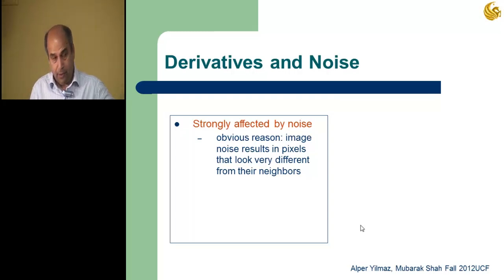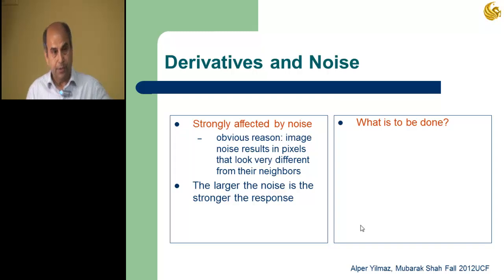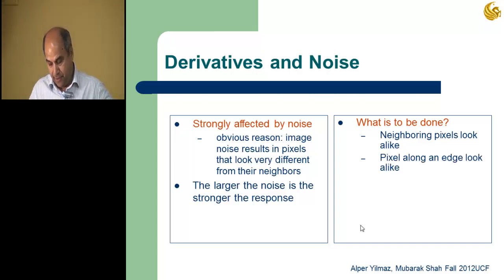Pixels that look different from their neighbors, if you have more noise, will have a strong response. So what we do, as I said earlier, is leverage the information in the neighbors to deal with the noise, because the main point is that we have some basics. We want to say the neighboring pixels look similar.